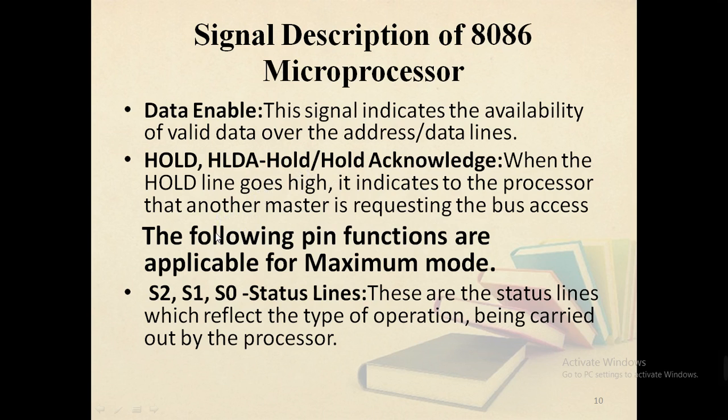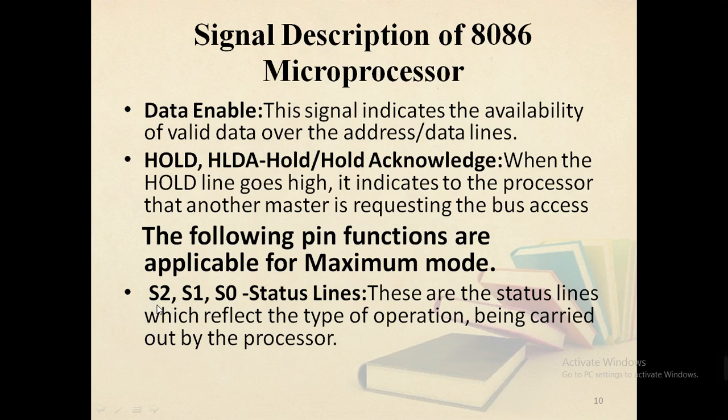The processor, after receiving the hold request, issues the hold acknowledgement signal on the HLDA pin in the middle of the next clock cycle after completing the current bus cycle. Up to these pins it is only applicable for minimum mode. Now from this pin onwards it is applicable only for maximum mode.